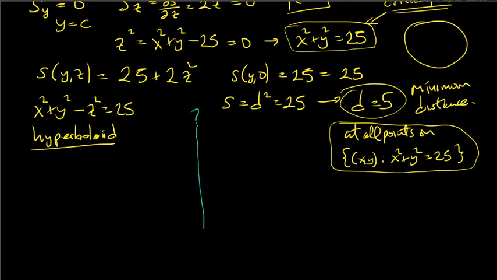Here's the z-axis, right? Here's the x-axis. Here's the y-axis. So I need to go deeper here, right? And so let's say this is 1, 2, 3, 4, 5. 1, 2, 3, 4, 5. 2, 3, 4, and so on.